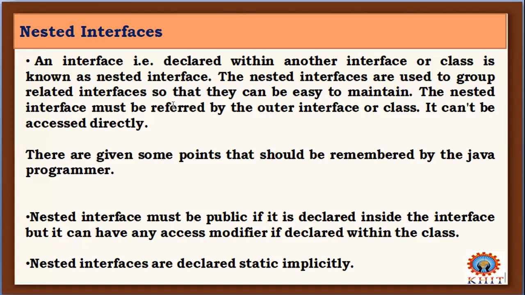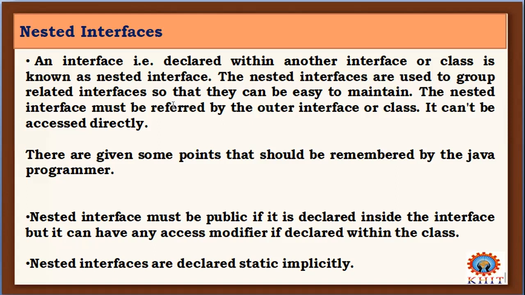This point is very important. Always nested interfaces must be referred with the outer interface. Suppose you have two interfaces, one inside the other, there is an outer interface and there is an inner interface. You should always refer with the name of the outer interface.